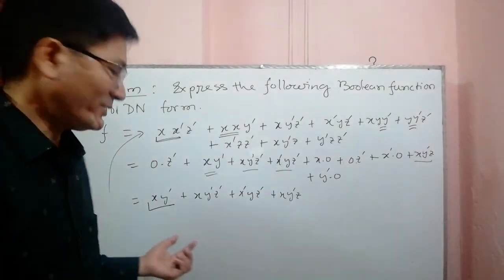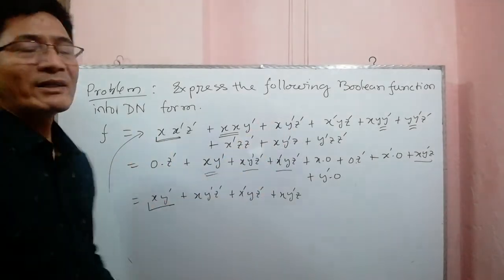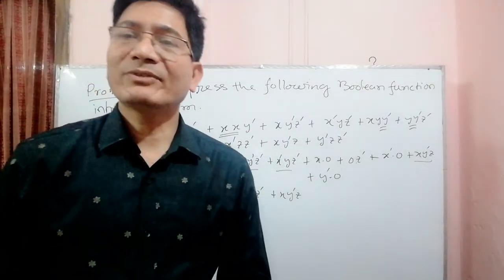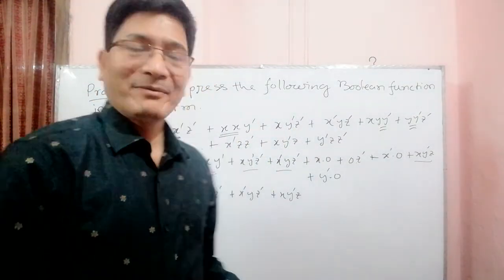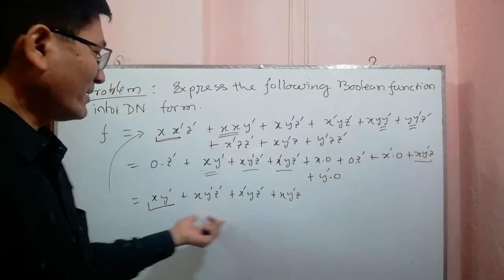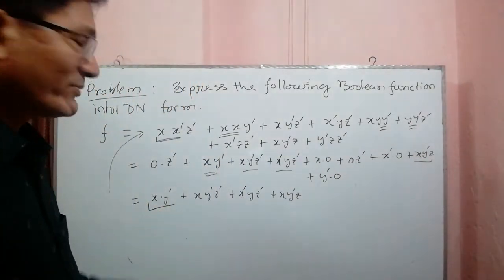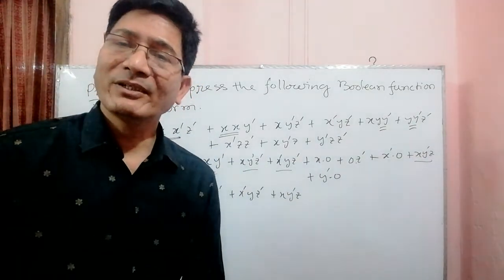Missing variable means here z is missing. There is no z, because our given function is a function of 3 variables. All terms except the first contain 3 variables, but in the first term there exists a missing variable z.